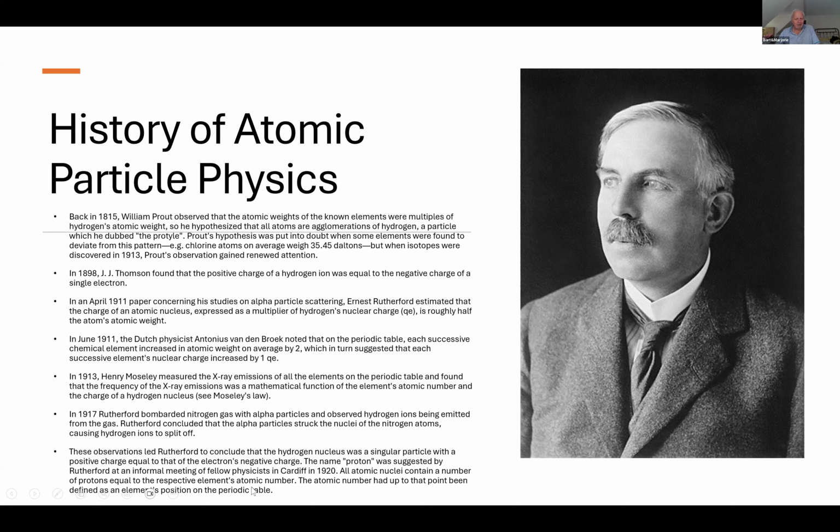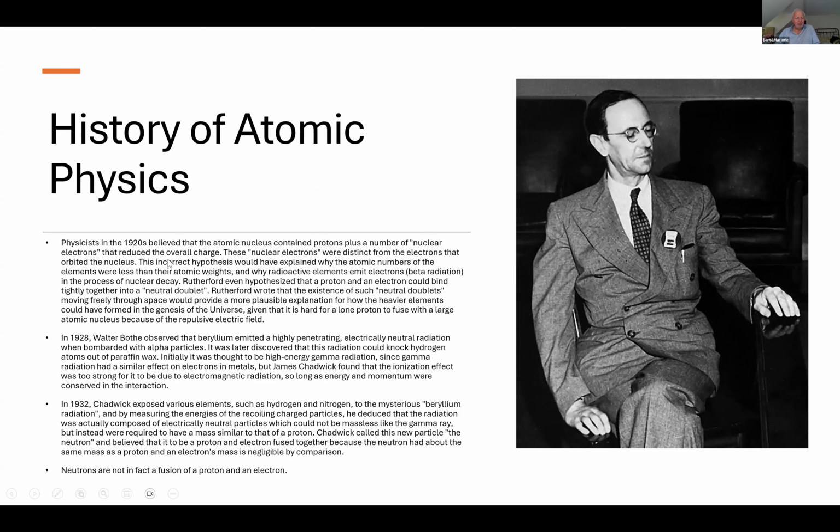And the term proton was suggested to cover this. And all atomic nuclei contain a number of protons equal to the atomic number. The atomic number is different than the atomic weight, but it does determine the element's position in the periodic table of elements. So we're making real progress here.